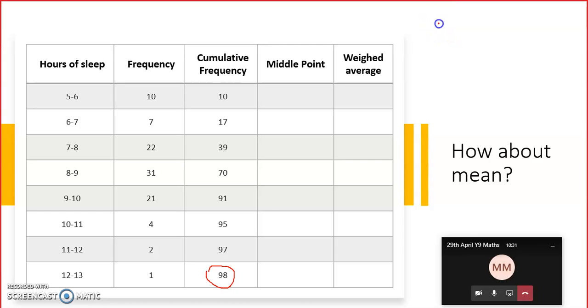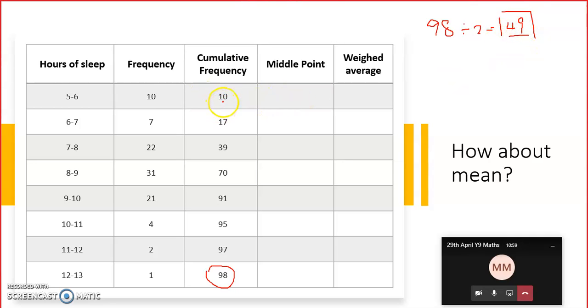So 98 divided by 2 gives us about 49. Lucky here, 98 is an even number, so we can just divide by 2 and get 49. Now, what does that mean? That means if I want to find my median, the middle section, it has to lie on number 49.